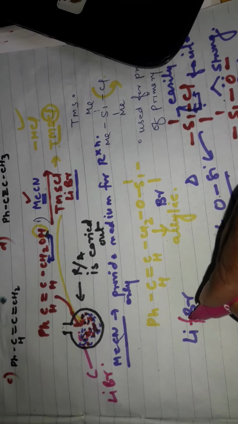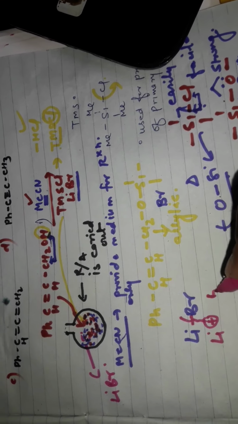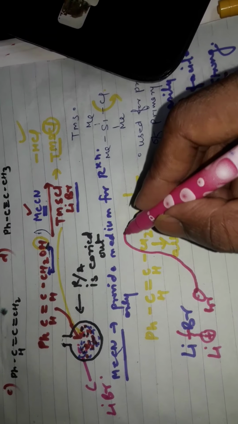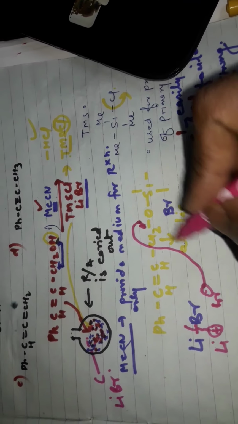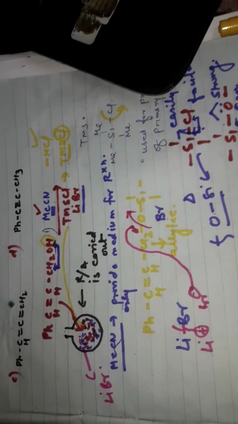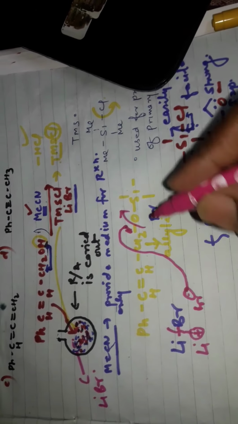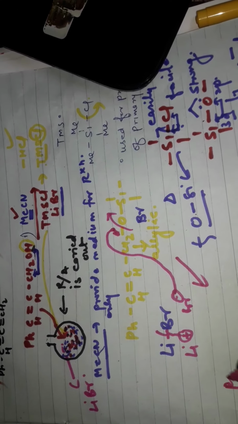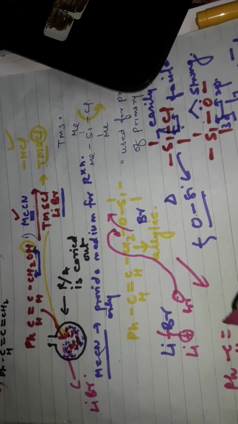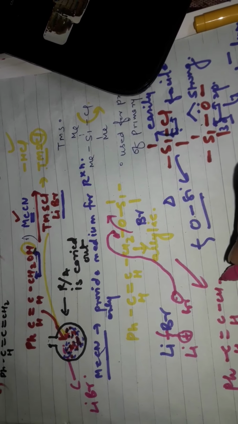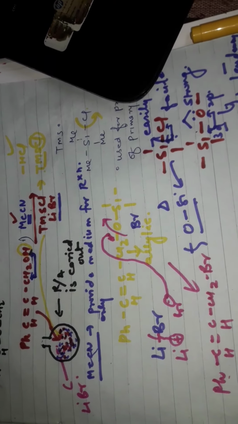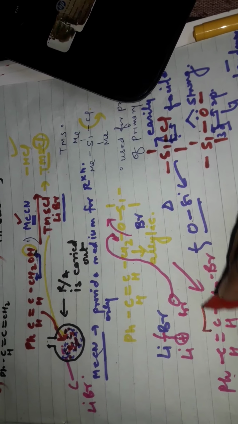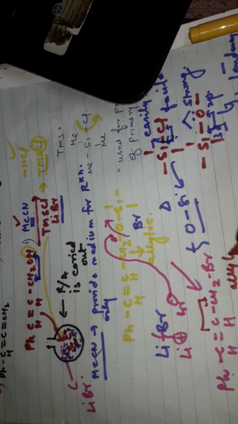Once the bond is broken, it gives bromide, Br minus, so this bromide will attack this CH2 and this bond will be removed. After that, the molecule formed is CH2Br, so it is allylic bromination.